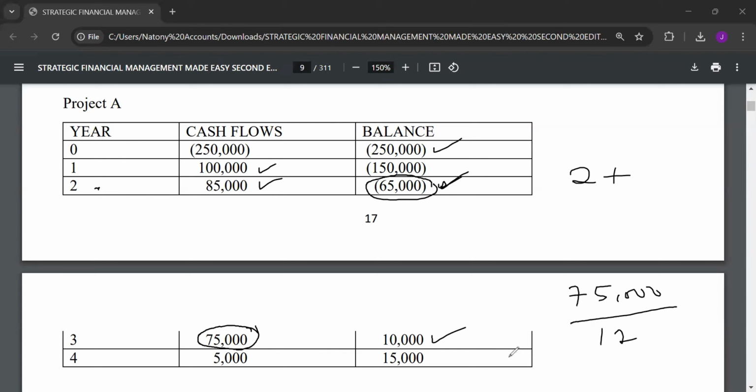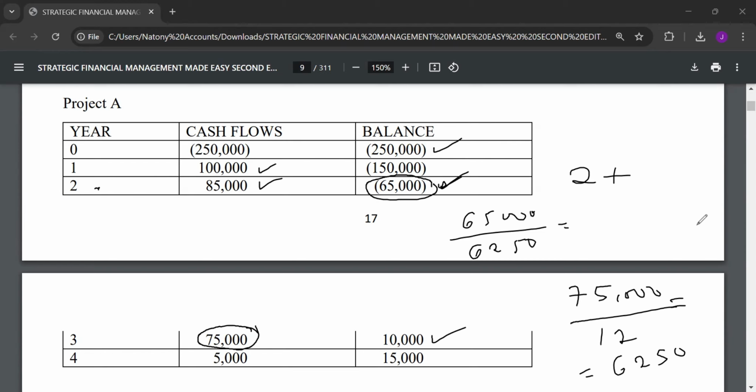So before I show you the formula, let's see what this will give us. So 6,250 each month. So if you receive 6,250 each month, how many months will it take you to receive 65,000? So that becomes 65,000 divided by 6,250. So let's see how many months that will take.